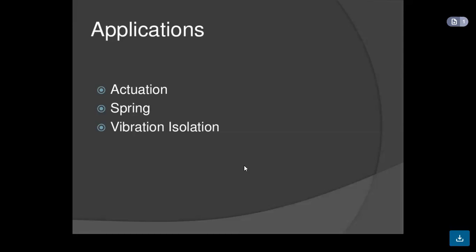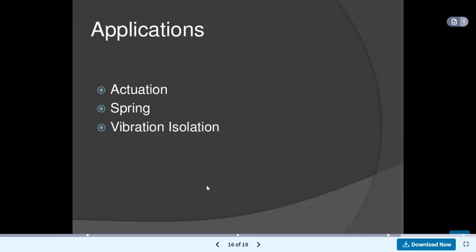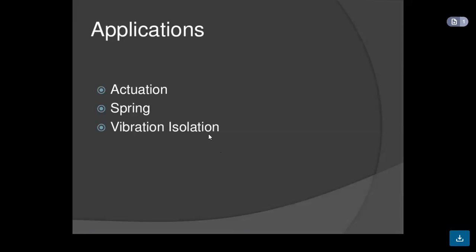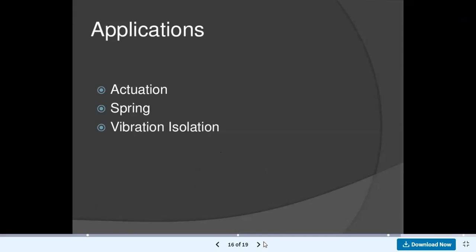Then next is spring. Obviously we use it in springs because this topic is related to springs. Vibration isolation, if large amounts of vibrations are created, then it is also possible to avoid those vibrations.